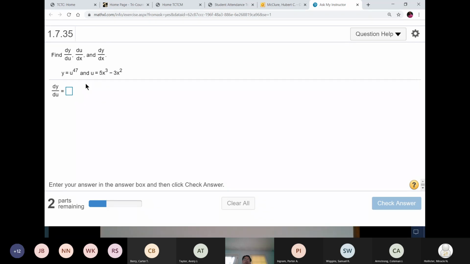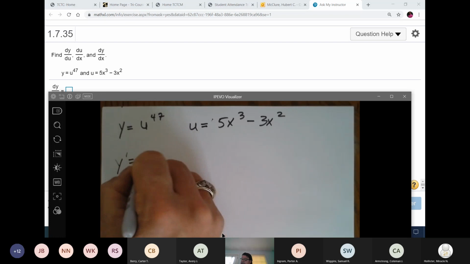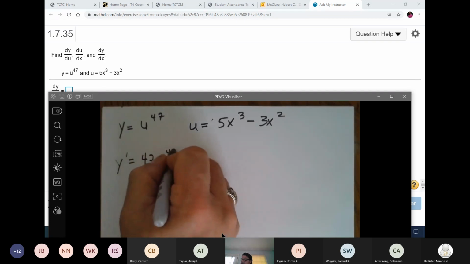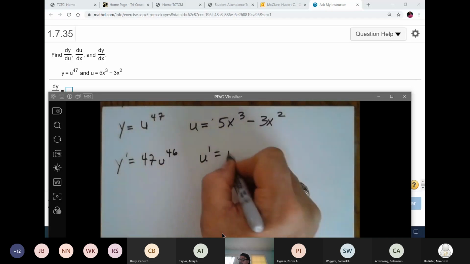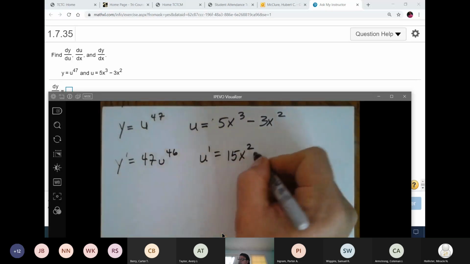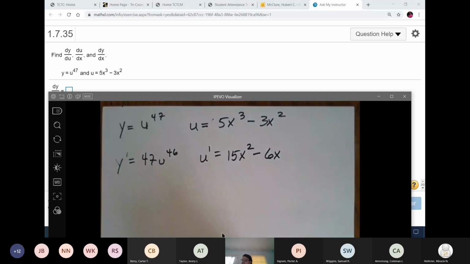So there are several different ways you could do this problem. One is you could take the derivative of y: y prime is equal to 47u to the 46th, and u prime is equal to 15x squared minus 6x, and then plug that in.